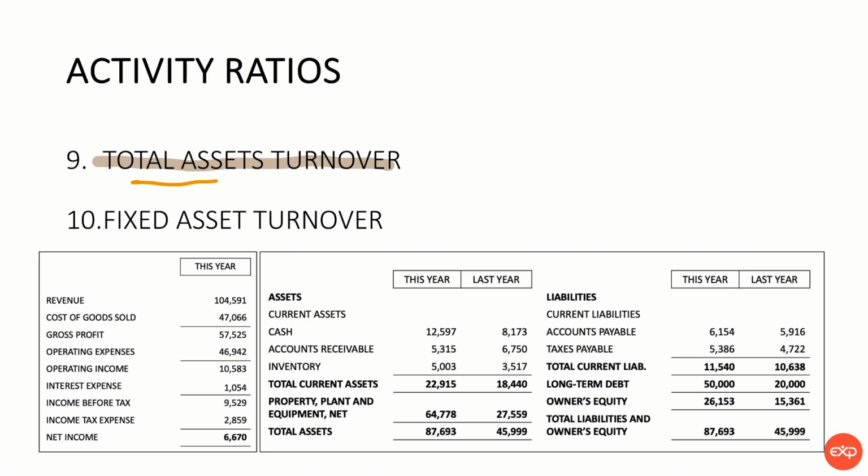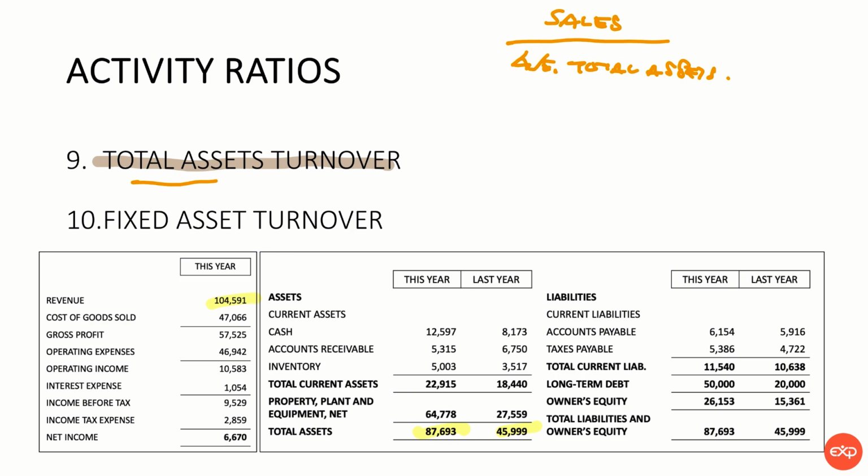The formula that you're going to use when you're looking at total assets turnover is sales over average total assets. With our example numbers, we are looking at revenue and we're looking at total assets, which is this 2 at the bottom here.